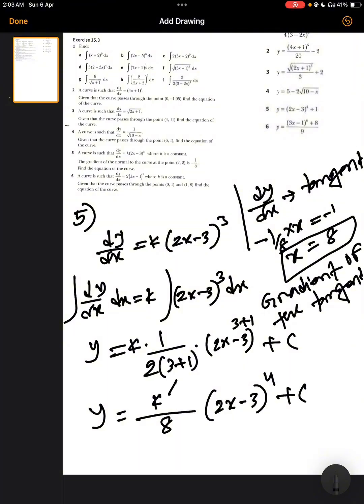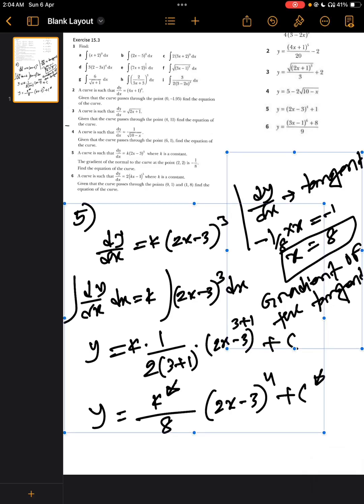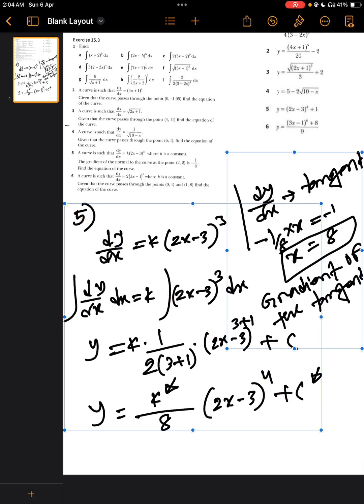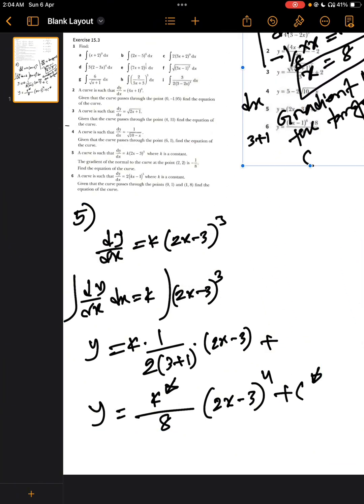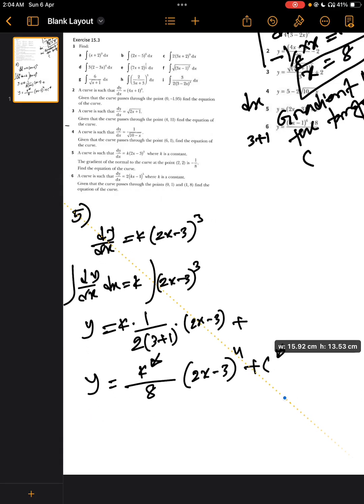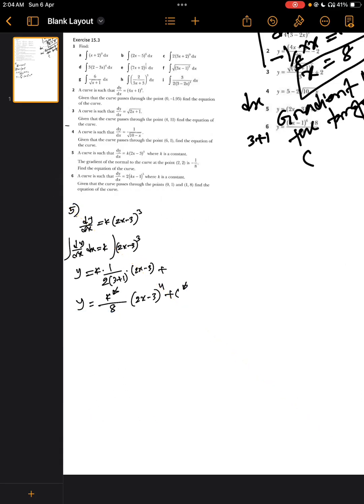So here are two variables. k is also a variable and c is a variable here. Okay. Now, guys, always remember that tangent and normal pass through the same point. 2 comma 2.